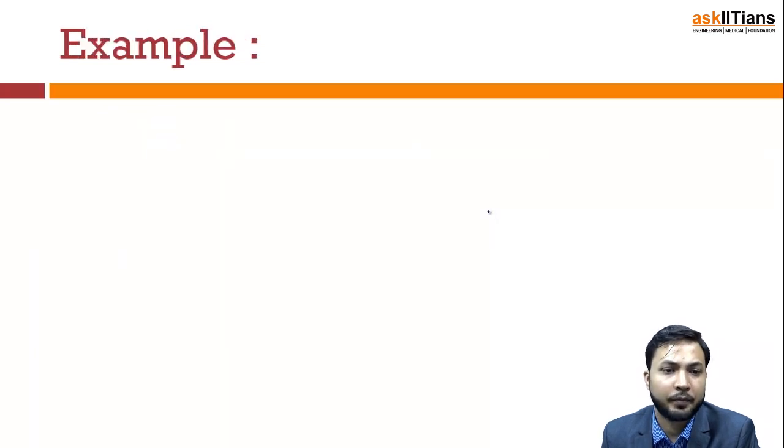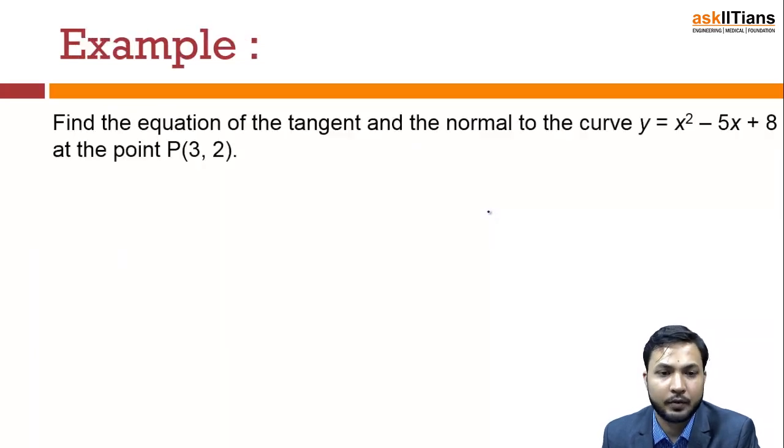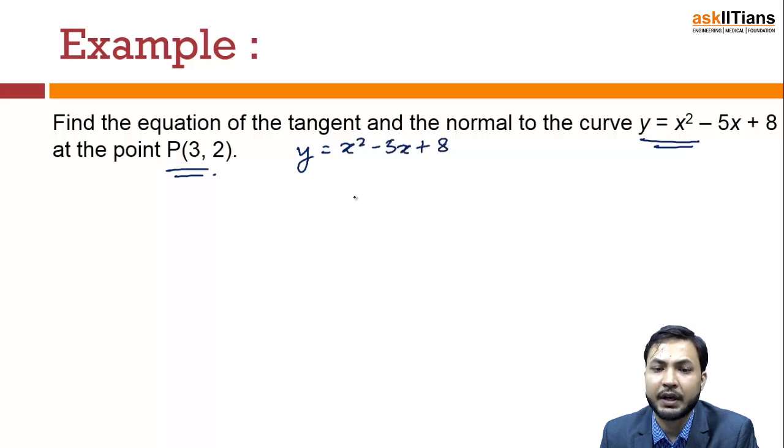Now let's look at an example. Let's say I want the equation of the tangent and the normal to this curve at this point. My equation is y is equal to x square minus 5x plus 8. Now I differentiate this. This is my y dash, also known as dy by dx.